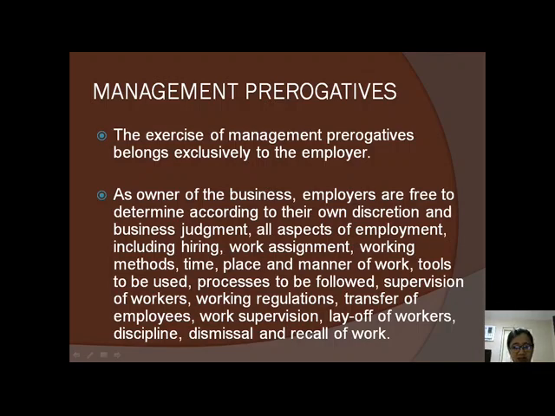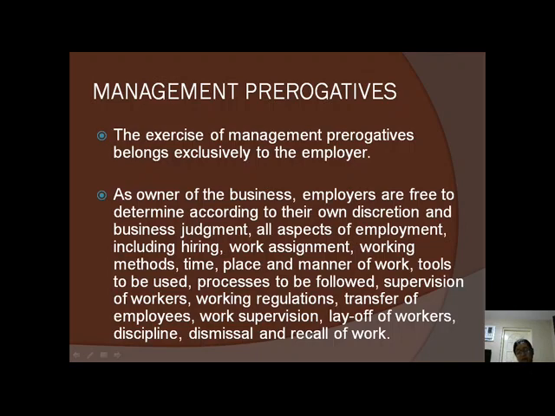So as owner of the business, employers are free to determine according to their own discretion and business judgment all aspects of employment, including hiring, work assignment, working methods, time, place, and manner of work, tools to be used, processes to be followed, supervision of workers, working regulations, transfer of employees, work supervision, layoff of workers, discipline, dismissal, and recall of work. So in other words, whatever the decisions of the employer with regards to the methods, time and place, or the manner how they conduct businesses, it's part of their management prerogative.